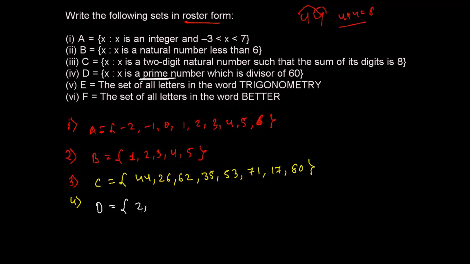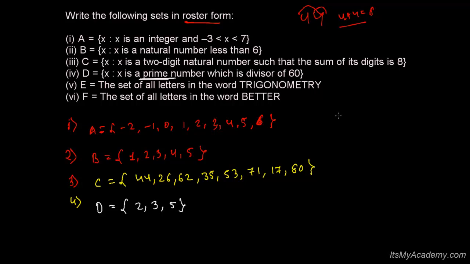So 2 is the first prime number that can divide 60. Another one is 3, times 20. Another is 4, but I'm not going to write 4 because 4 is not a prime number. And 5 times 12. Next one is 6, but I don't have to write 6 here. And then 7, no, another one anymore, no, 15, not. So these are 2, 3 and 5, the only prime numbers which can divide 60.